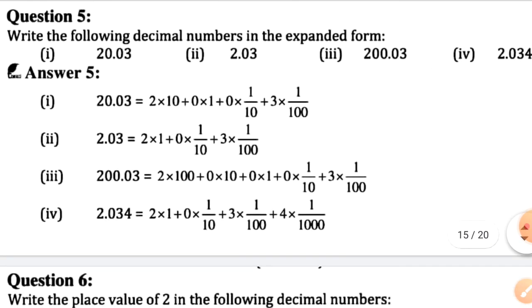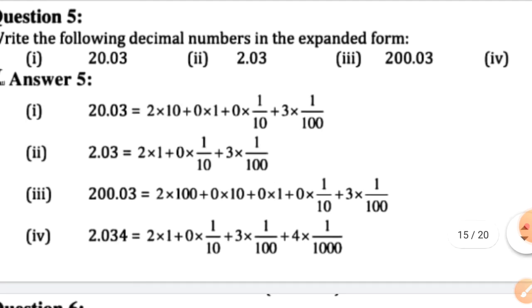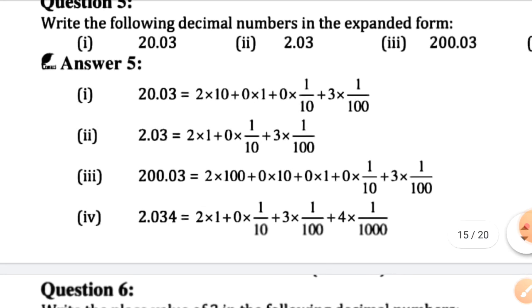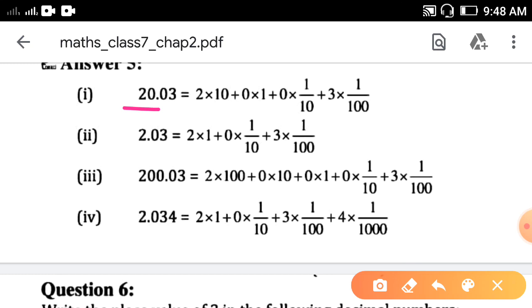Question number 5. Write the following decimal numbers in the expanded form. I hope you have all studied this before, so it is very easy. 20.03. First of all, write down the digits. On the left side, starting from 0, first you multiply by 1, 0 into 1.